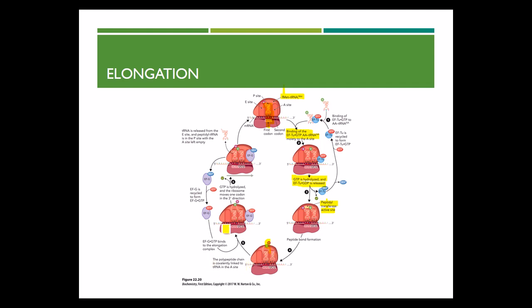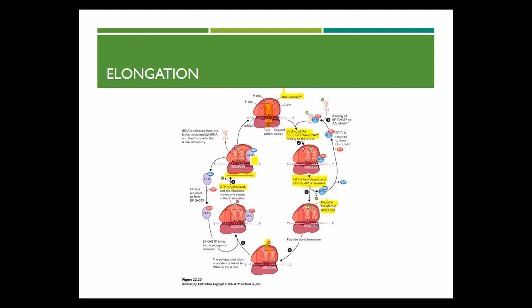The peptide bond is now transferred to the transfer RNA in the A site, leaving the transfer RNA in the P site uncharged or empty. And then through GTP hydrolysis, we are going to shift the ribosome down the messenger RNA, moving towards the 3' end, which now puts the transfer RNAs in the new site.